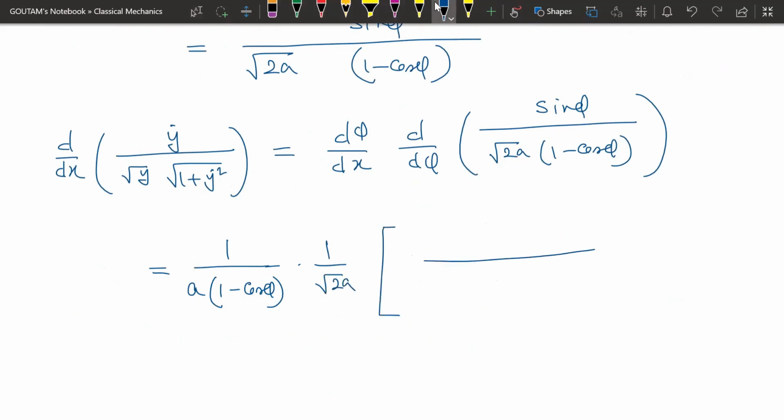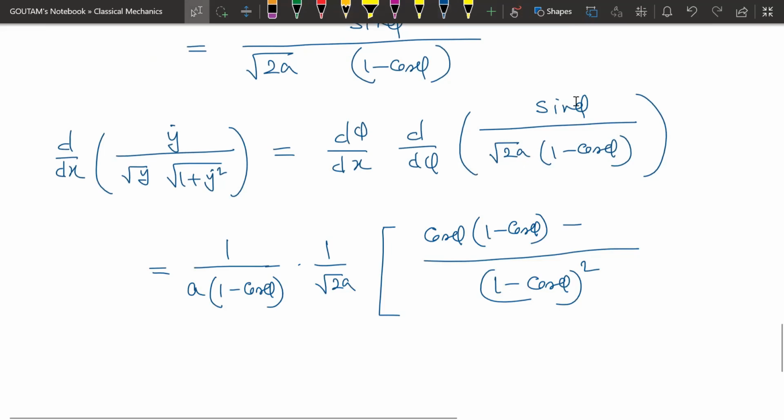And then the derivative, which will be 1 minus cos phi whole square. This term intact, derivative of this term, which is cos phi, times 1 minus cos phi, minus this term intact. So this term intact, derivative of this term, which will be sin phi times derivative of this term.